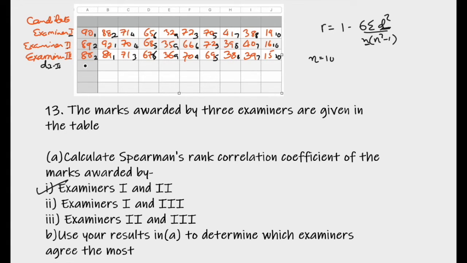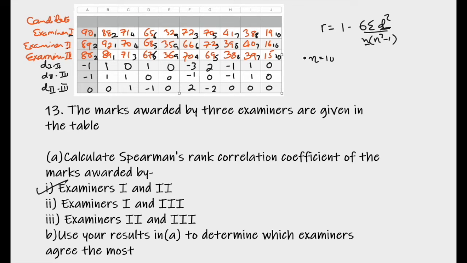So 1 minus 2 is minus 1, 4 minus 4 is 0, and so on. I will do it. So I got the rank differences of all three pairs they have asked. I have all written here.